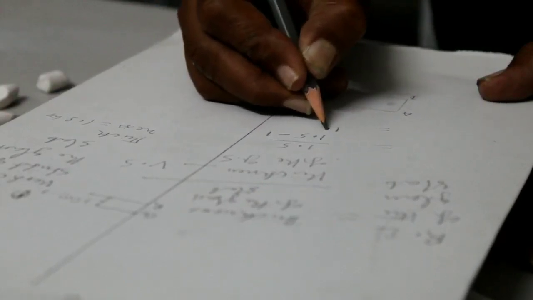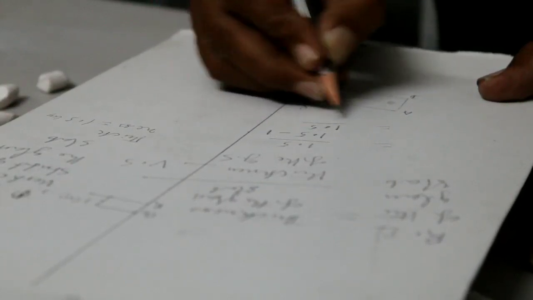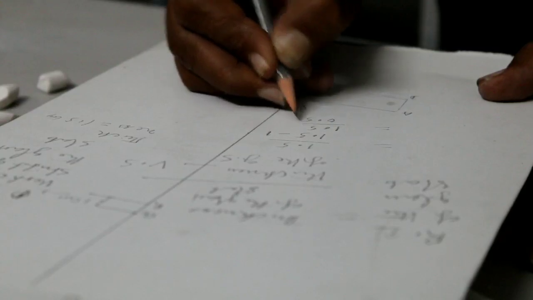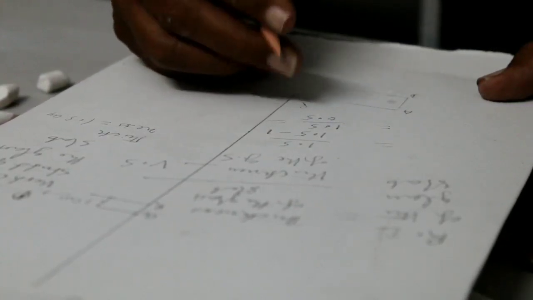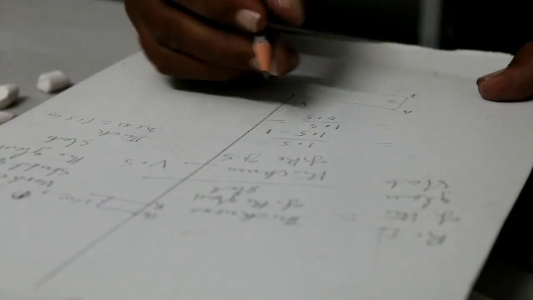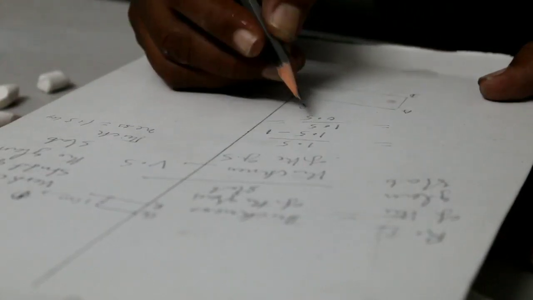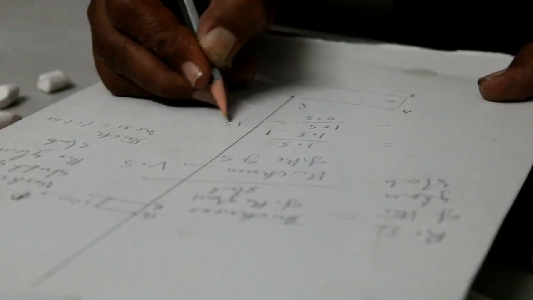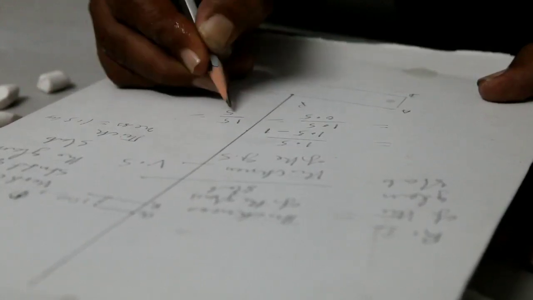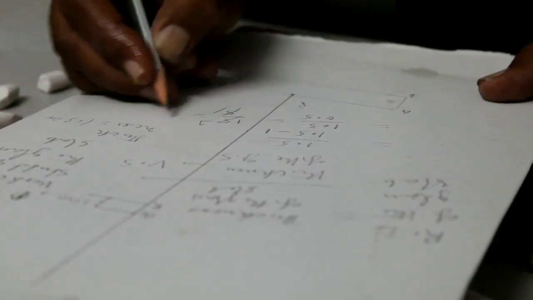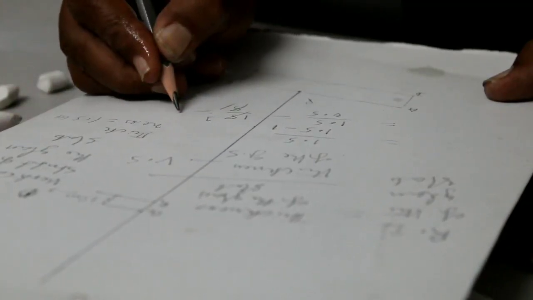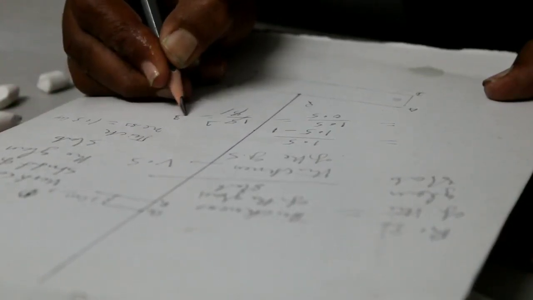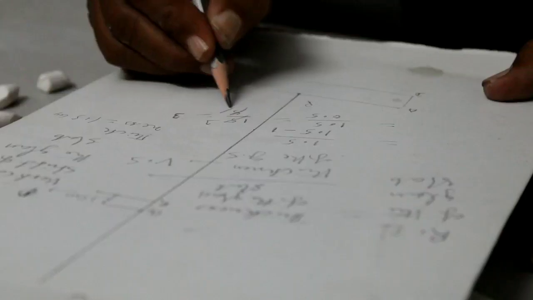That is equal to 1.5 divided by 0.5. To remove this decimal point, multiplying both numerator and denominator by 10, we get 15 by 5. So 5 ones are 5, 5 threes are 15. So here the refractive index of the glass slab is 3.